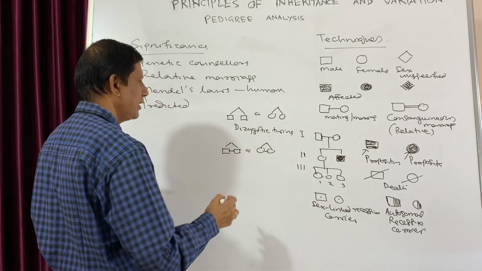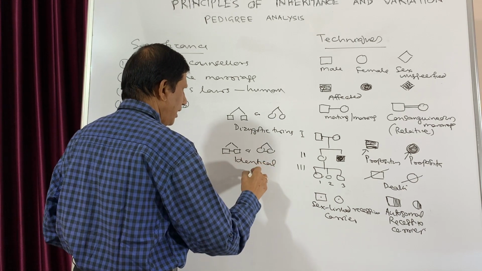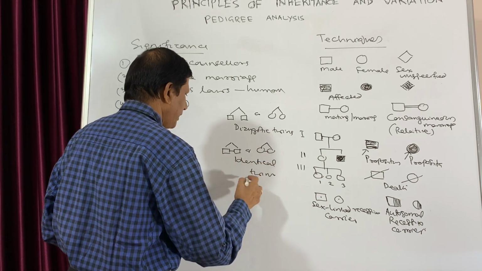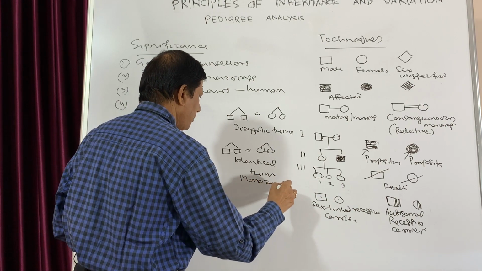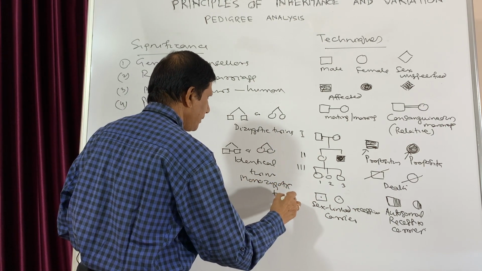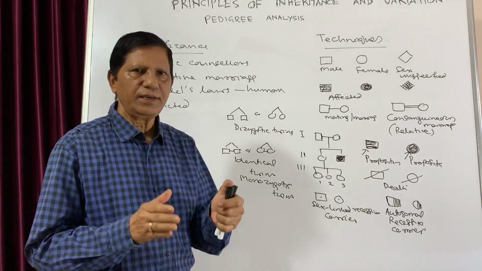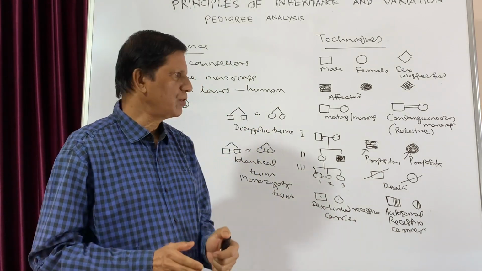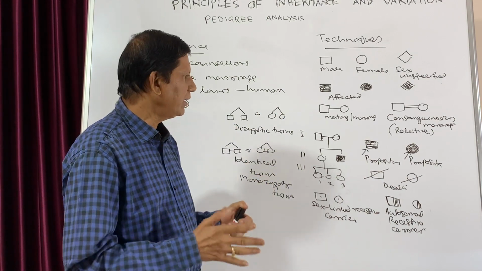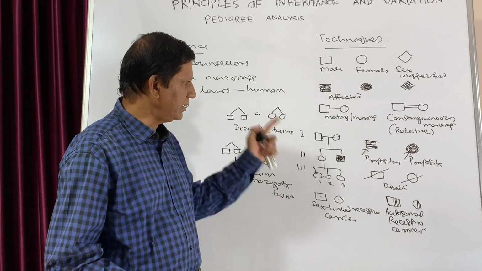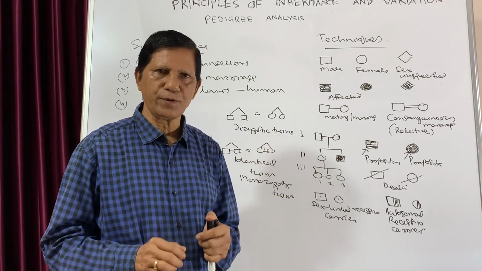This or this, they are known as identical twins, or you can say monozygotic twins. So while drawing the pedigree analysis, we have to use these symbols. There are so many other symbols, but not necessary for you. These symbols are sufficient to draw a pedigree analysis.